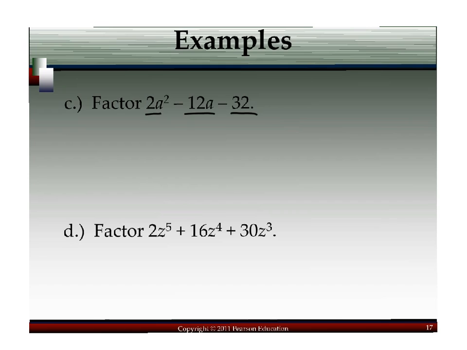The greatest common factor between all three of these terms is going to be 2. So let's take out a 2 first. So a squared is left over from the first term, and 6a, and then 16.